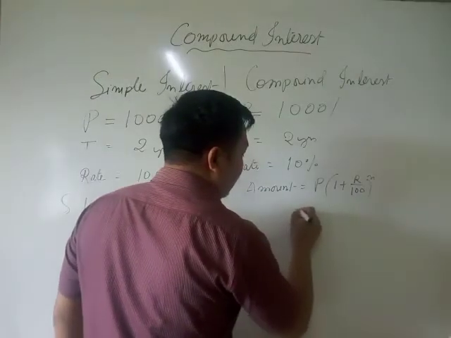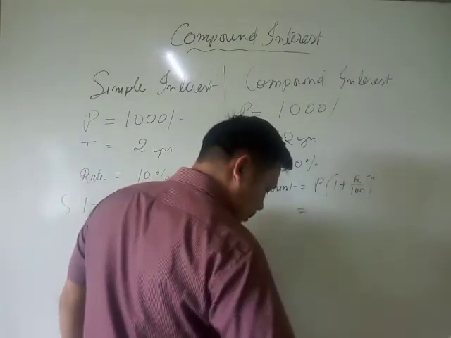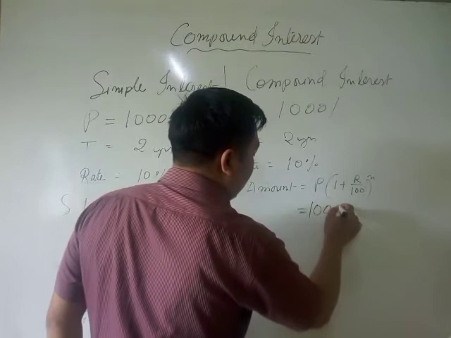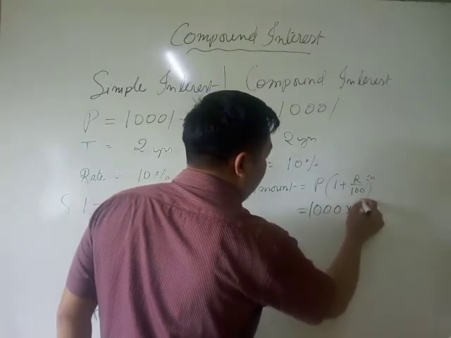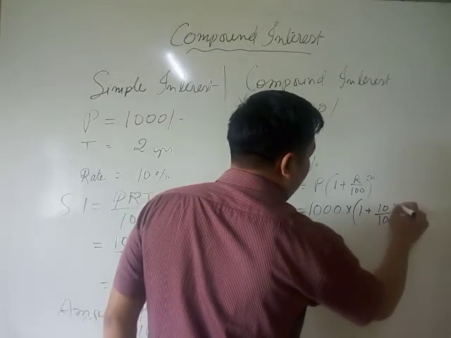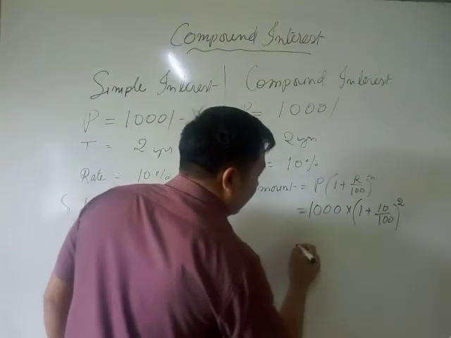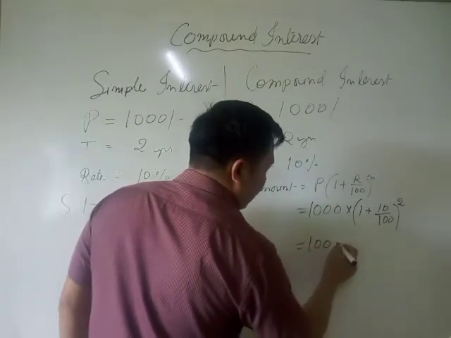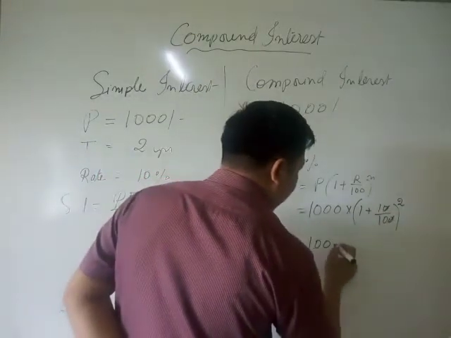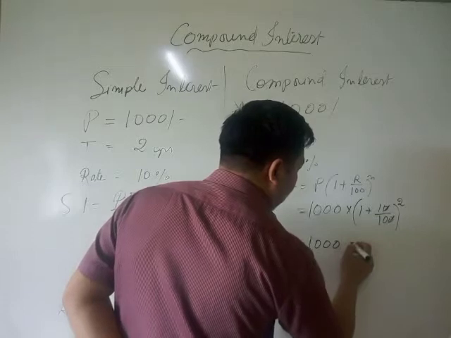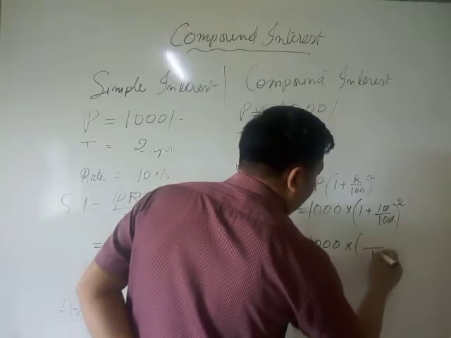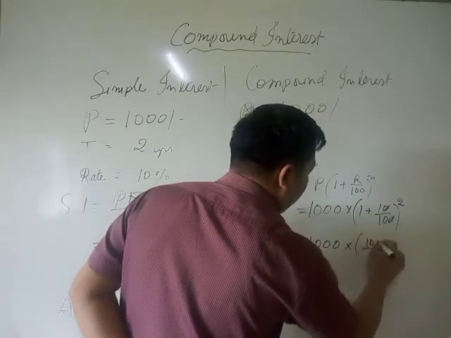See, principal we know that it is 1000. Then into, in the bracket, 1 plus 10 upon 100. Then you see here, my dear student, the power is 2. Take the LCM, we get 10, so 10 plus 1.